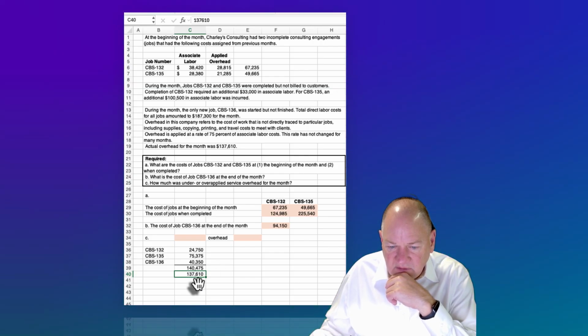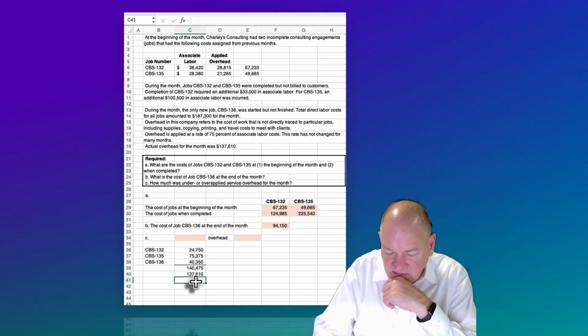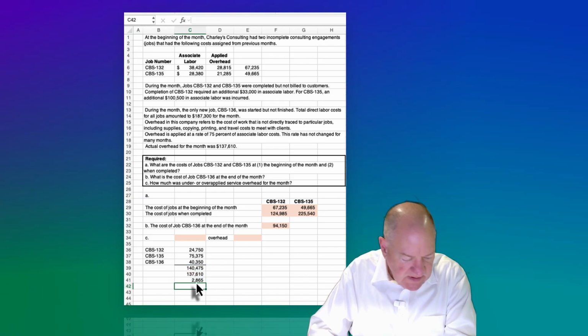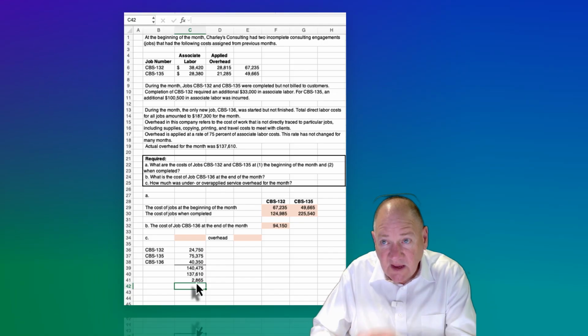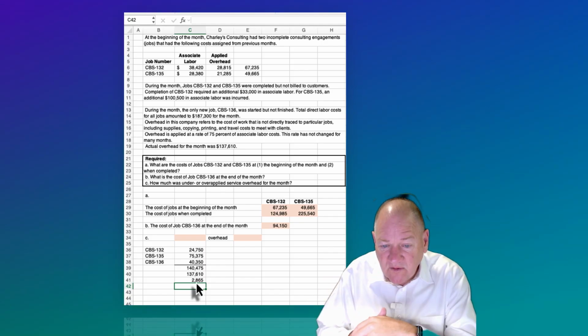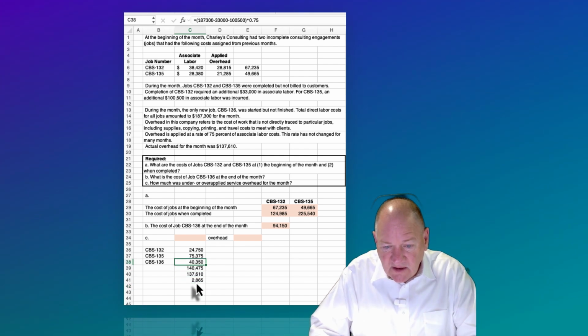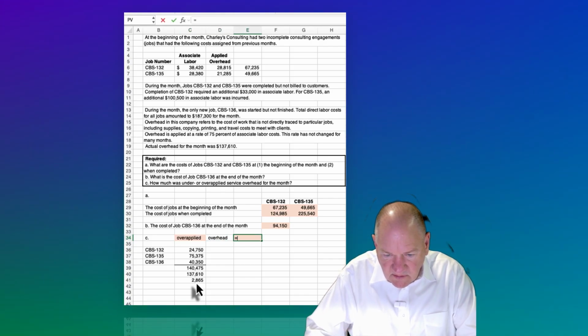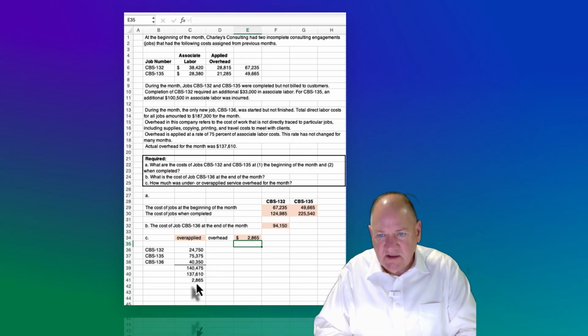And so the difference is 28.65. I applied 140, but I incurred 137, so I can say overapplied. And I'll just go down here and pick up that number from right there. And that's my 28.65.